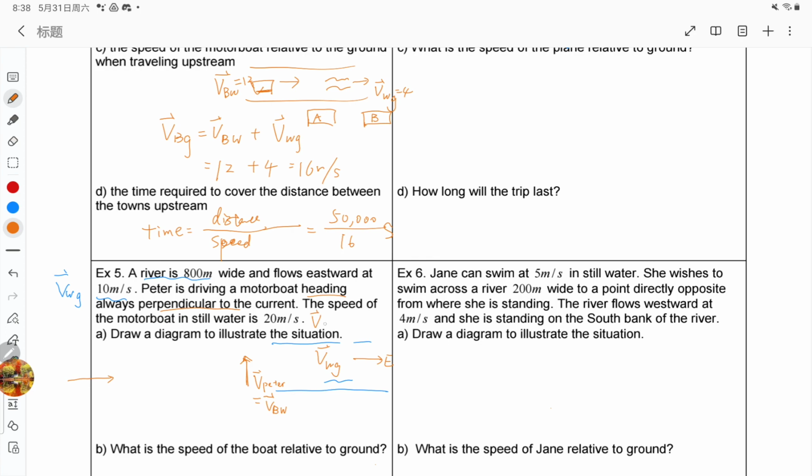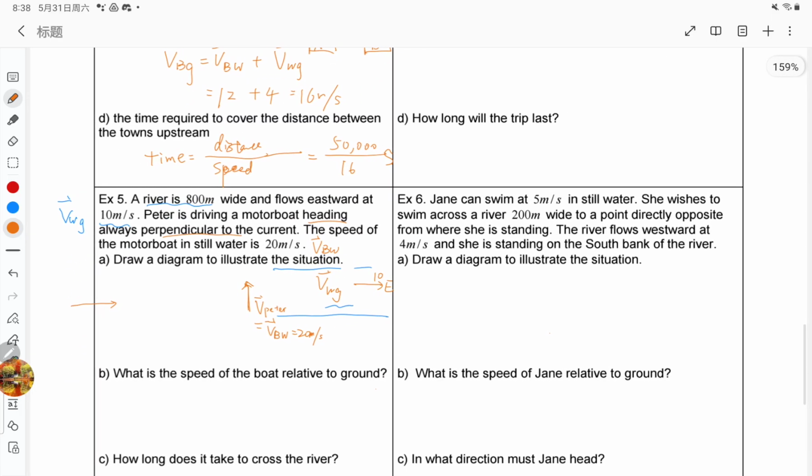So this is V boat relative to water, and this is 20. All right, so this is 10, this is 20. And then what is the speed of the boat relative to the ground?